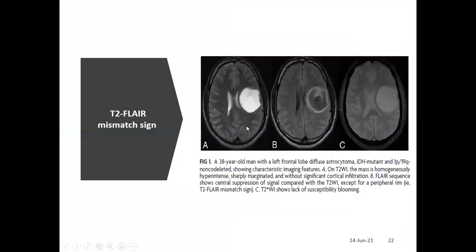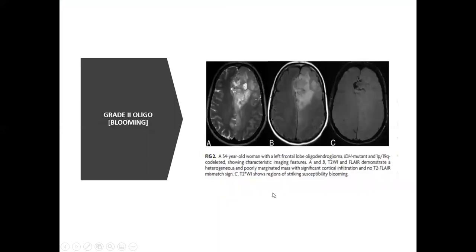Let's see an example. This is a T2, and this is a T2 FLAIR. If you compare these two images, the heterogeneity is not seen in the FLAIR, and there is a clear peripheral hyperintense ring, and it is IDH1 mutated. If there is heterogeneity with blooming, it goes more toward oligodendroglioma and 1p19q co-deletion. T2 FLAIR mismatch sign with blooming is regarded as oligodendroglioma.